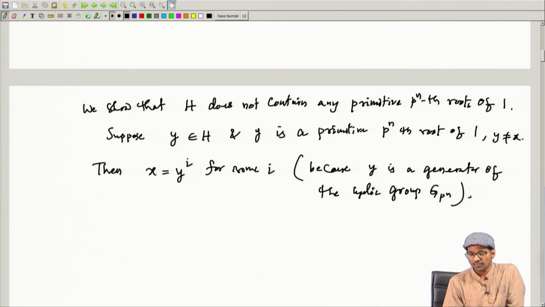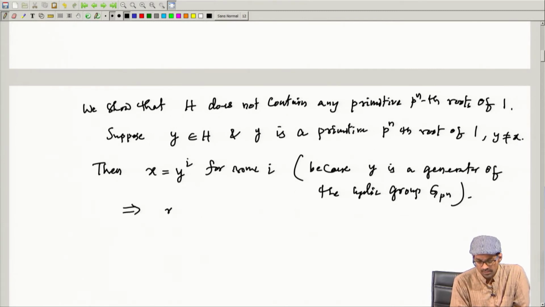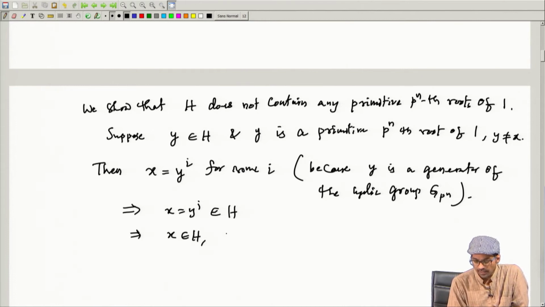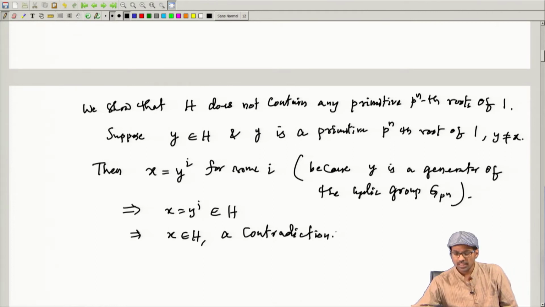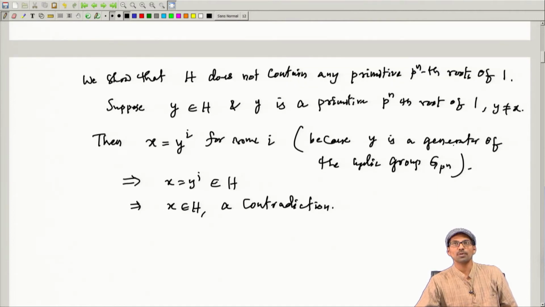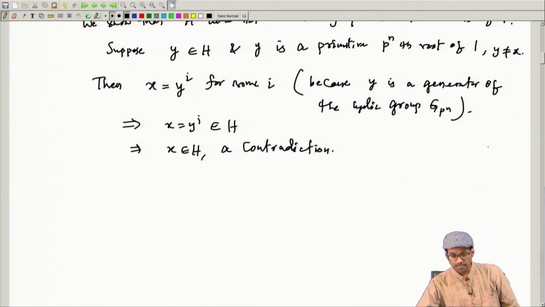Therefore x equal to y power i, this is true. But y power i belongs to H, because y belongs to H, H is a subgroup. So this forces that x belongs to H, a contradiction. Therefore, H does not contain any primitive p power nth root of unity.